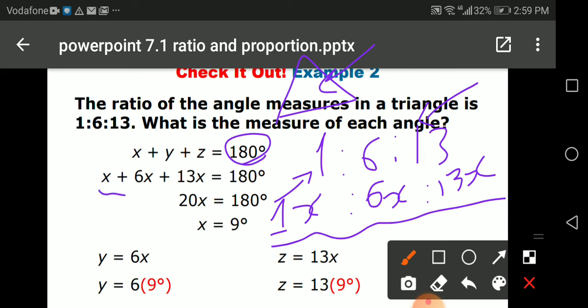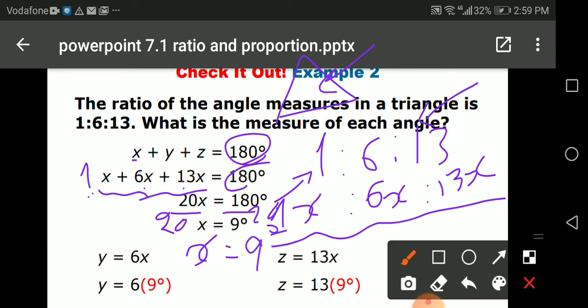So x plus 6x plus 13x gives me 180 degrees. 1 plus 6 plus 13 is 20x equal 180. Divided by the coefficient, divided by 20, so x will be 9 degrees.